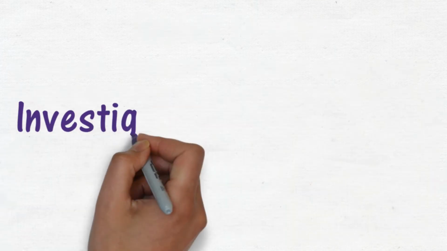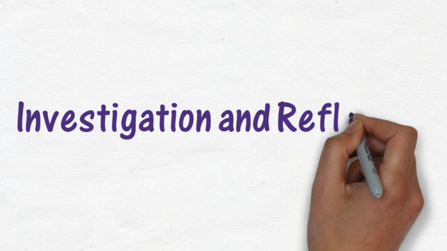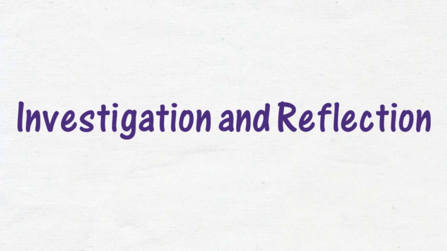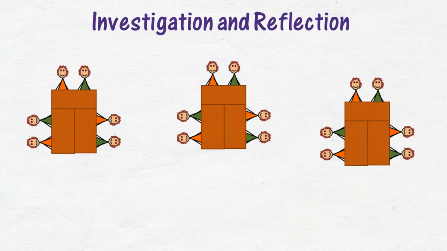What does differentiation using these sample levels of understanding look like in the investigation and reflection segment? Students do not need to sit with a teacher or another adult just because they are learning at a different pace. As long as they are investigating a concept at just beyond their current level of understanding, every child can investigate independently. All students can sit next to a child who is investigating at a different level.